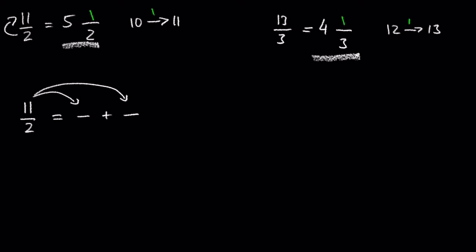So in this example, we get 10 over 2 plus 1 over 2. 10 over 2 is equal to 5. And 5 plus 1 over 2 is 5 and 1/2.